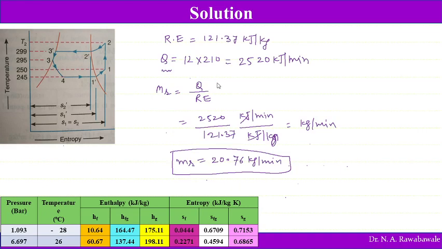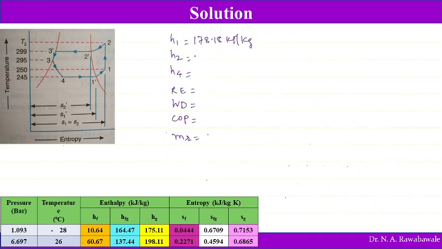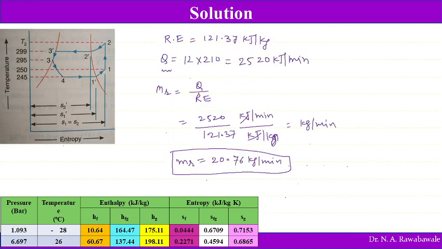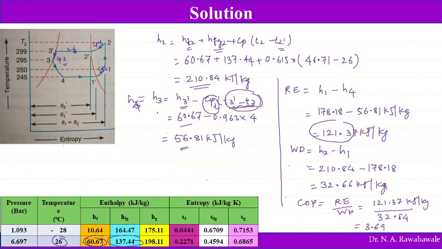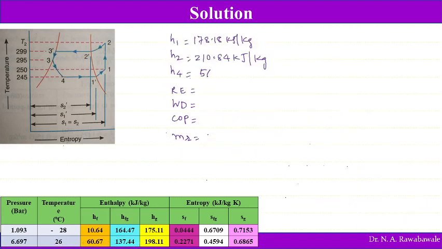H2 is 210.84 kilojoules per kg. H4 is 56.81 kilojoules per kg.